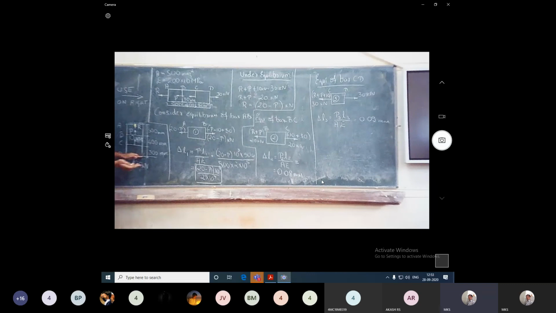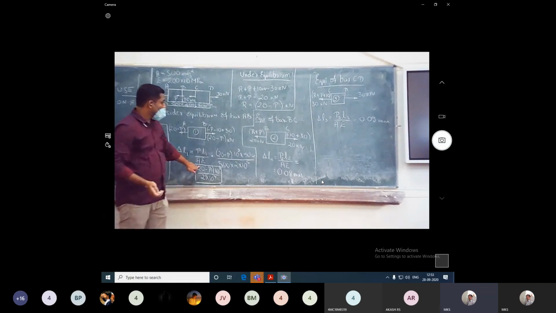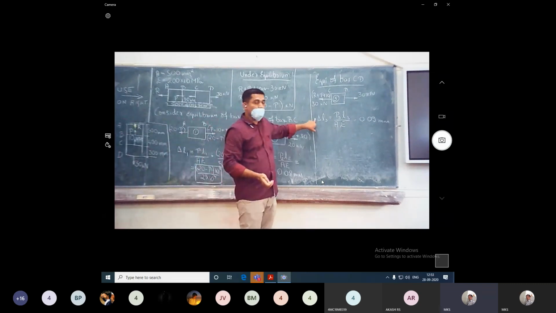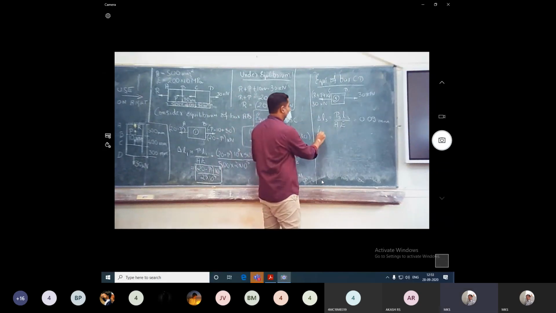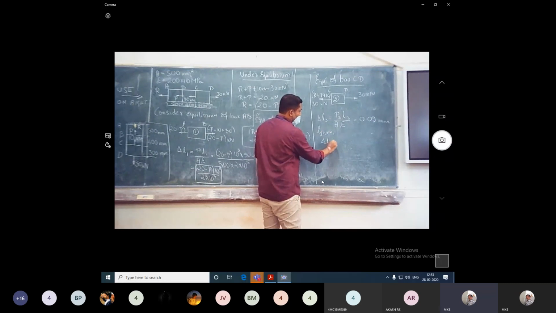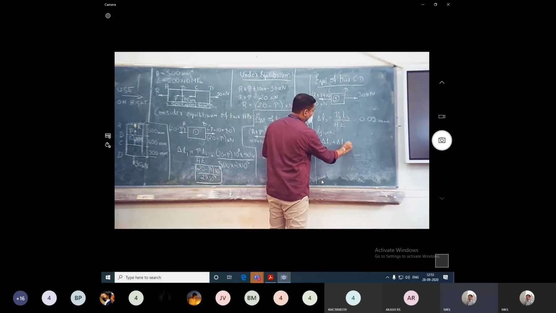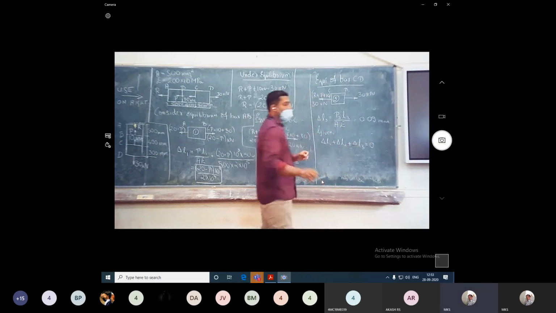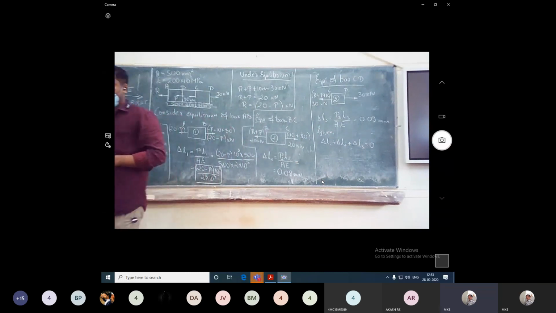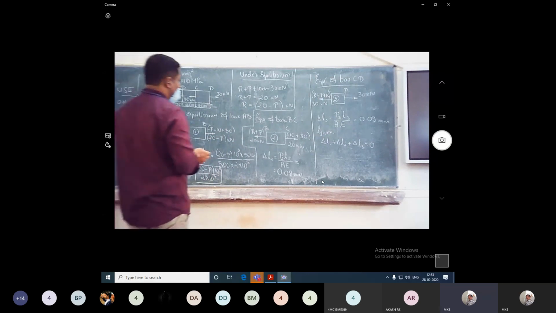That is delta L1 plus delta L2 plus delta L3 is equal to 0. It is given in the problem statement. Read that last sentence: the lower end is not moving from its position. So the total deformation is 0.